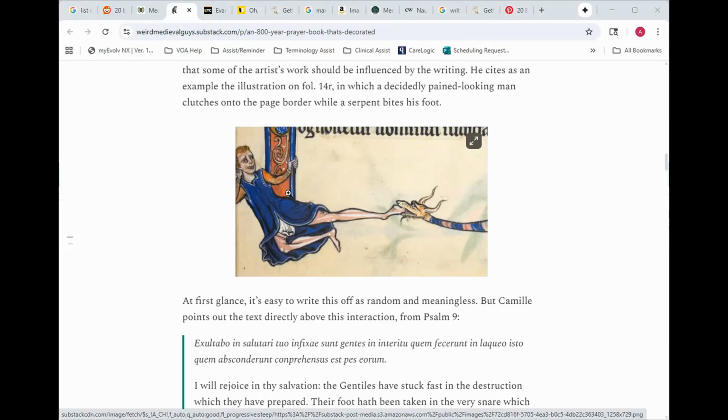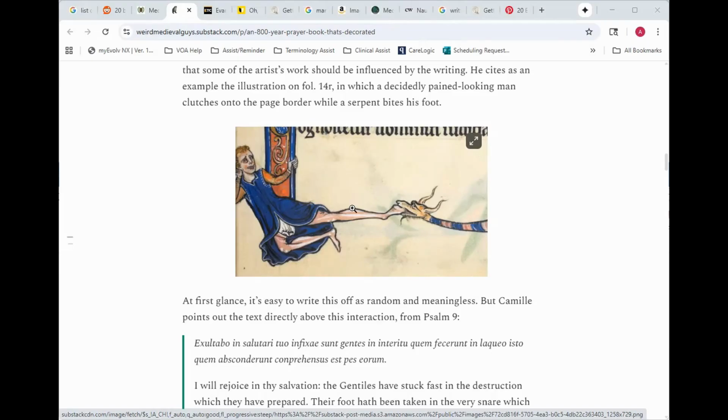And then the border ending in a person hanging on to it, that person is becoming part of that marginalia. But you do not have to agree with my definition there.